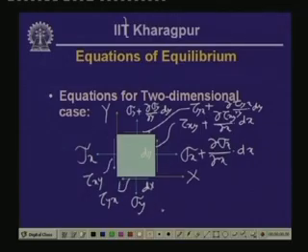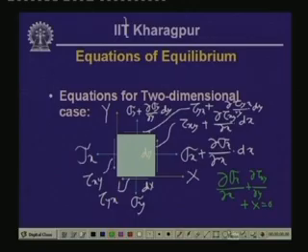So, these are the stresses in the two dimensional plane, and if we take the equilibrium of the forces in the x direction, then we can obtain the equations of equilibrium in two dimensions: del sigma x del x plus del tau y x, and y x and x y being the same, we can write this as tau x y del y, plus the body force component X, equals 0.